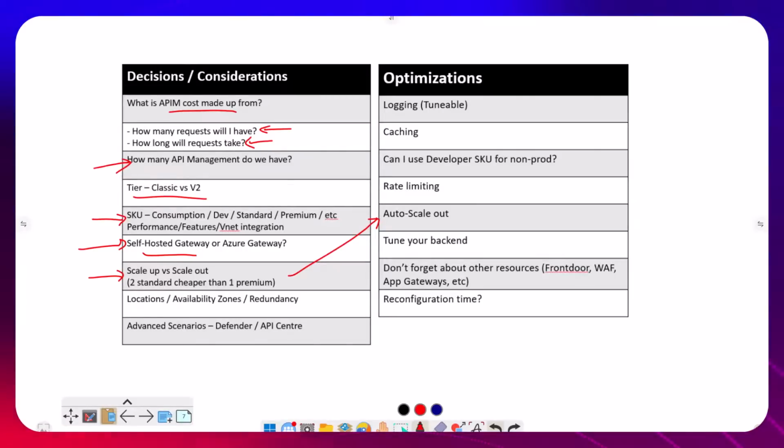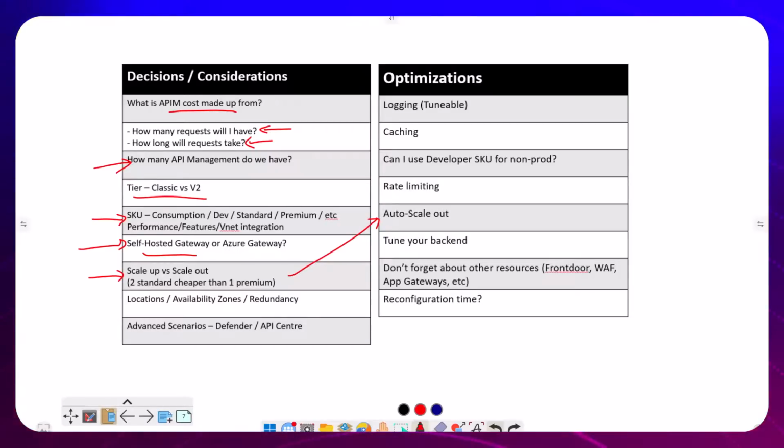Now, locations such as availability zone and redundancy scenarios, again, that could influence the features that you choose, and that would influence the SKU that you're going to choose for APIM. So you need to think about which SKU would provide the right choices.